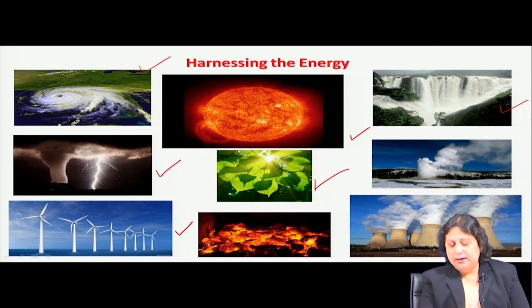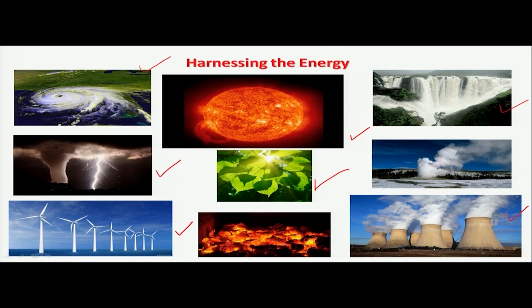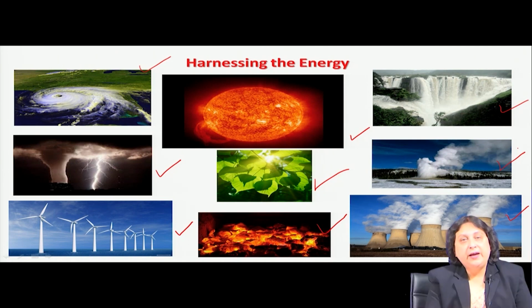Or it may so happen that we are going to burn coal and run the thermal power stations, or this is a lot more dangerous instance. One can use the heat energy that is being released when the molten lava flows out of a volcano, or maybe we can use the geothermal energies that are released when a hot water geyser erupts in the middle of an otherwise frozen landscape.